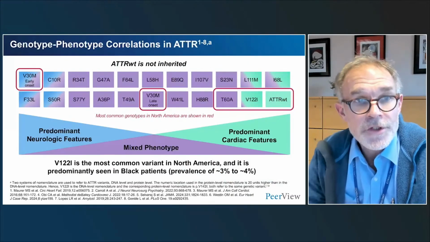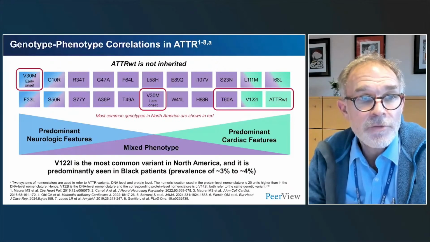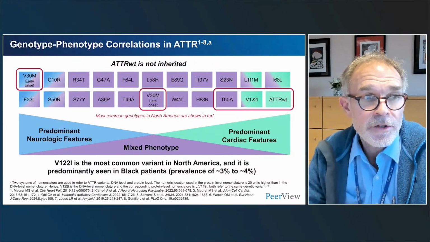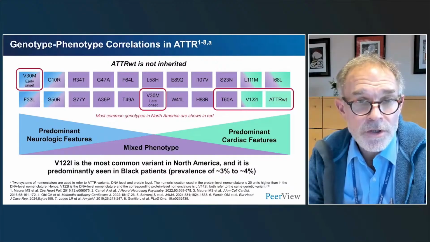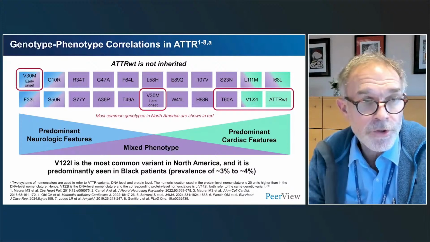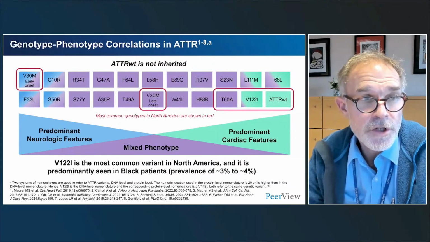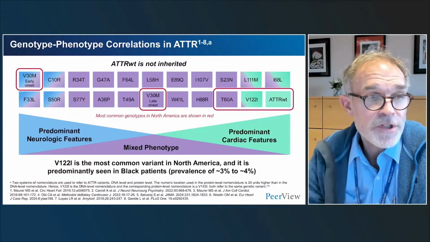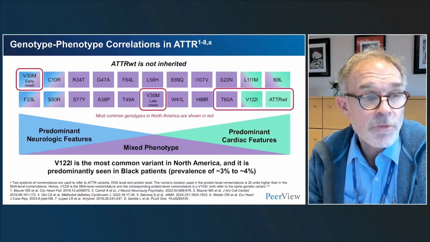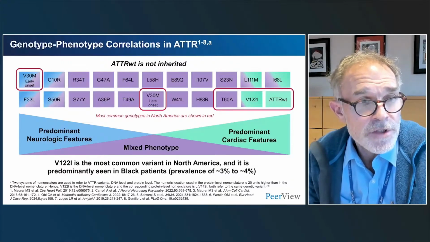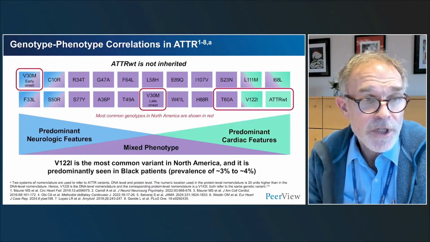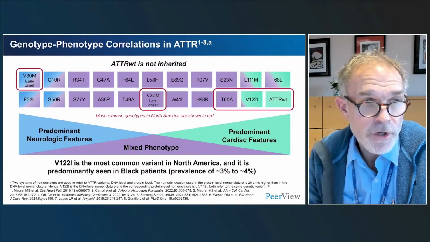There are more than 130 mutations in the TTR gene that can give rise to hereditary ATTR amyloidosis. And the dominant features of ATTR amyloidosis tend to be either the cardiac features or the neurological features. There are certain mutations, a particular mutation, the V30M mutation, which essentially, if it's early onset, usually in patients from Portugal, causes a predominant and pretty much isolated neurological syndrome.